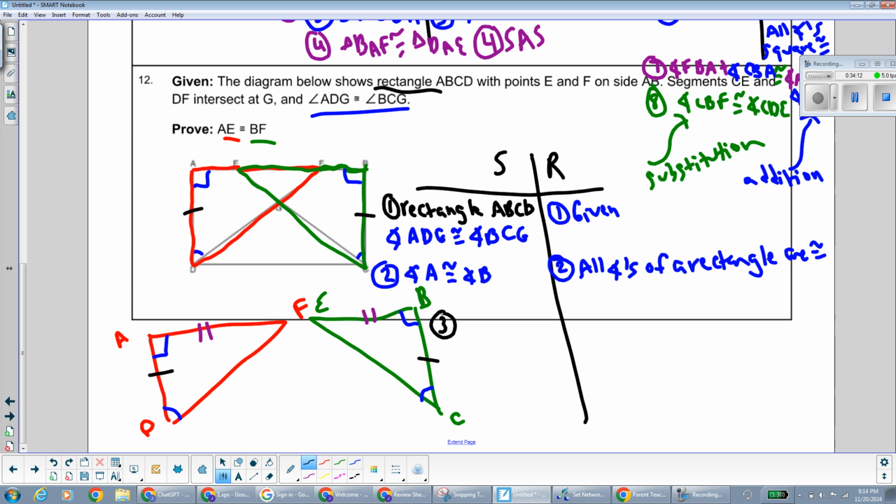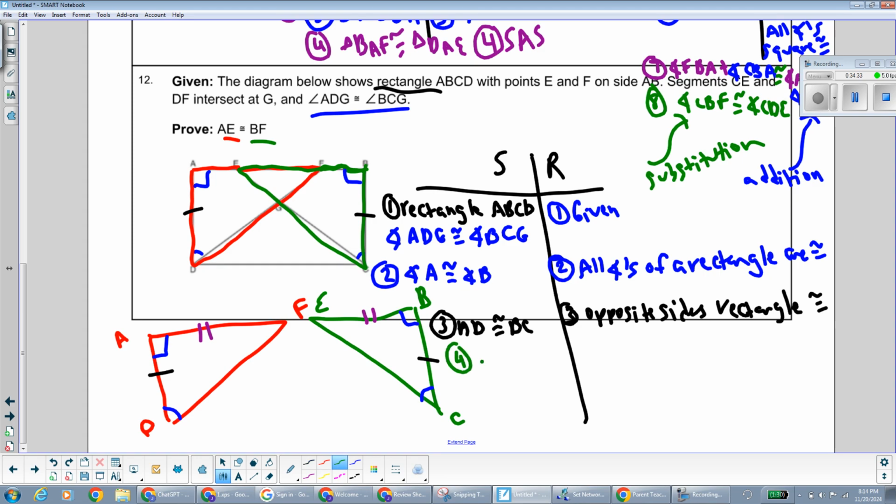Let me do the side now. AD is congruent to BC. Opposite sides of a rectangle are congruent.